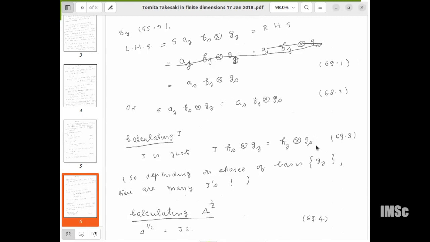And the issue is what is J. If I know J, I can find delta and check whether in fact it is a positive operator, and J is anti-unitary, up to a phase, which I can choose. I will just say that J acting on my basis vectors simply flips them. So J acting on Fj is Fj star.